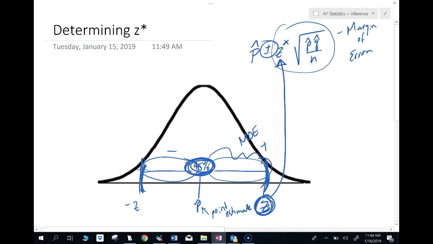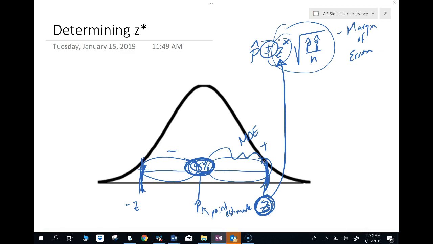Z star is basically how far away I need to go to be 95%, or 99%, or 98% confident. It's kind of like our ruler of how many standard deviations away from our point estimator we're going to make our margin of error.